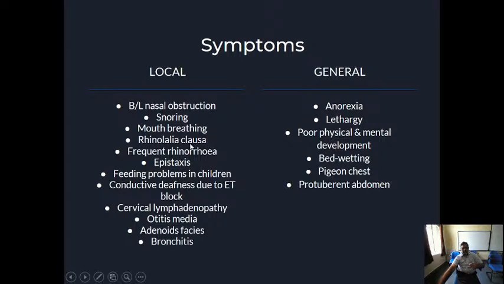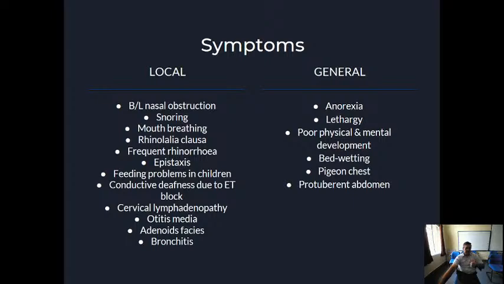Rhinolalia clausa is a situation where the nasopharyngeal reverberation is cut off, and so the air coming from the oropharynx into the nasopharynx is blocked because of the enlargement of the adenoids, and so they produce a peculiar voice which is called rhinolalia clausa.